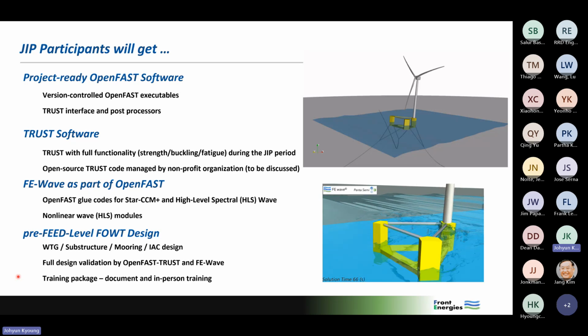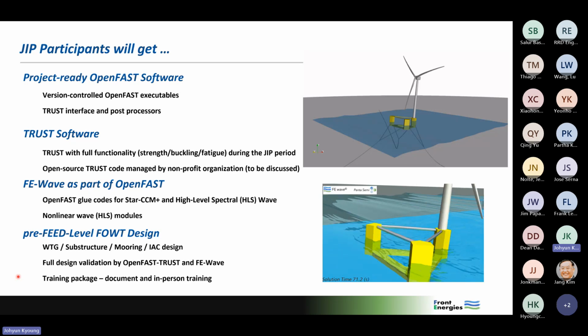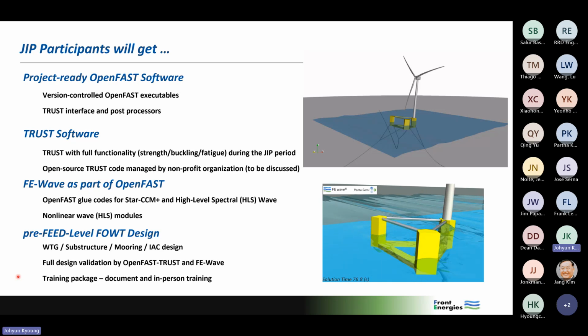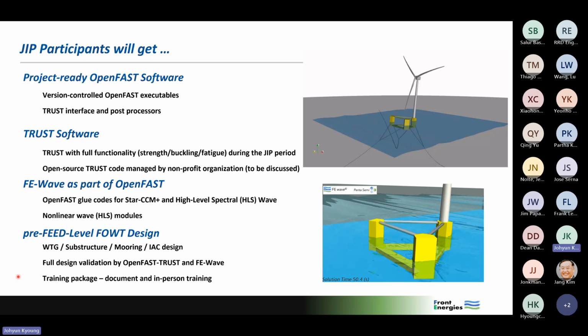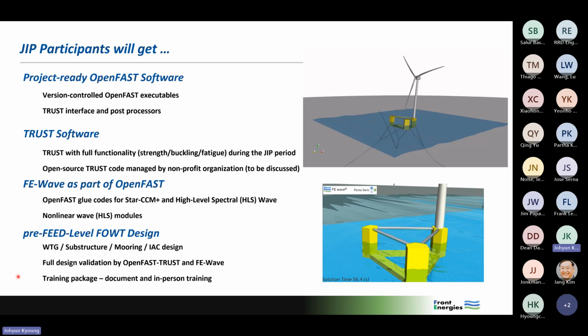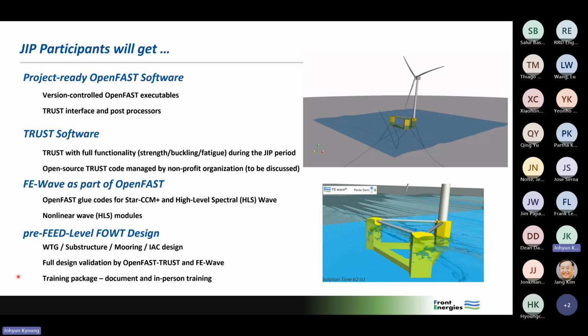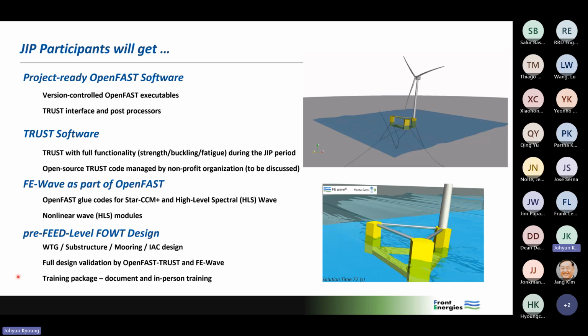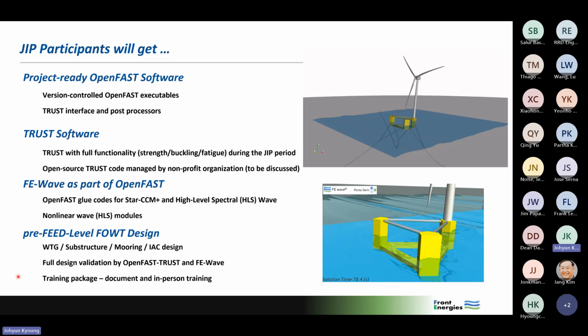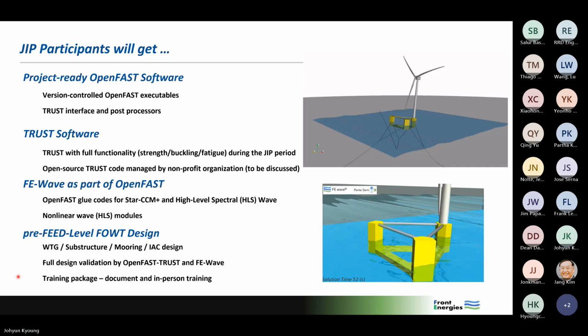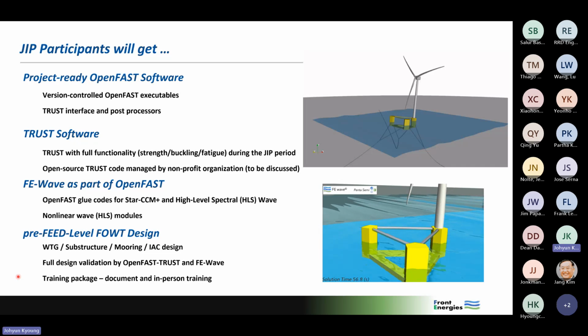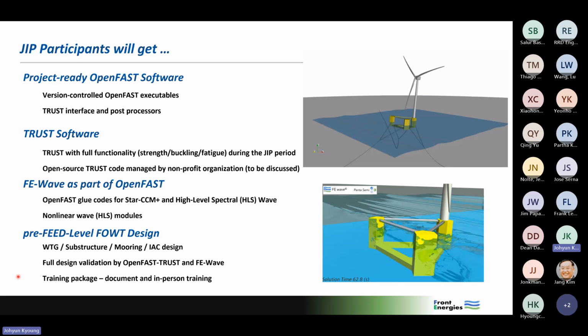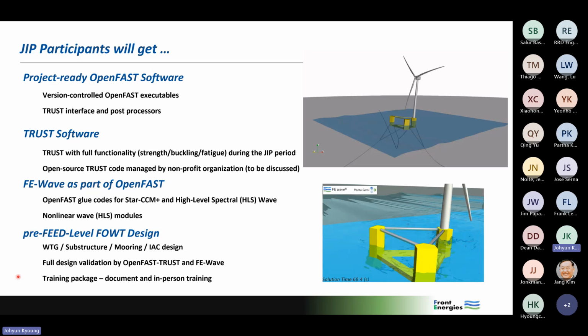So we're trying to figure out what piece of TRUST, which as you'll see is much bigger than just the structural piece, we can make open source: how to get from global to local analysis and be able to do things like stress calculations as an open source part. Yeah, the full functionality of TRUST will probably still be closed, but we need to figure that out as part of the discussions with the JIP.